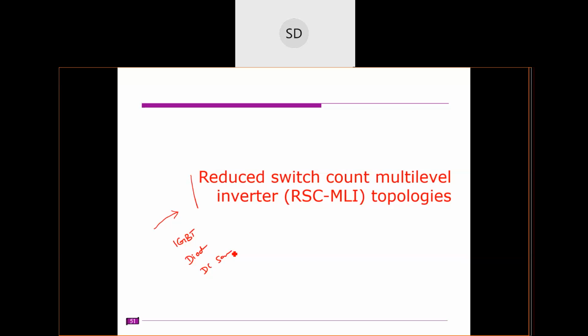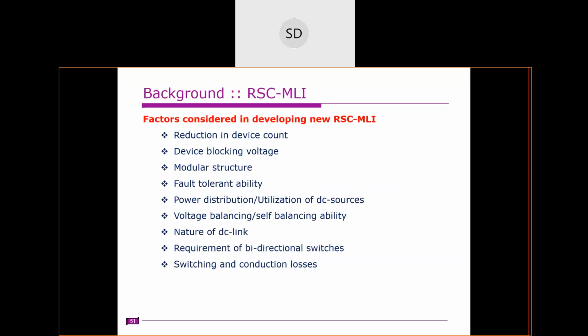These are the latest inventions, and these reduced switch count multi-level inverters are developed based on certain constraint factors.